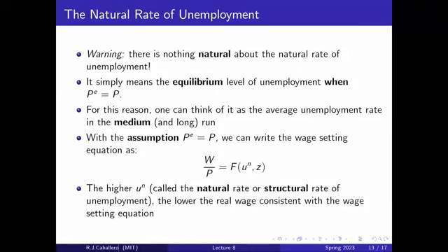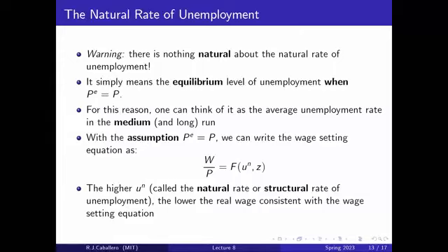Okay, so that took us to the concept of the natural rate of unemployment. And what I said is there's nothing natural about the natural rate of unemployment. It's simply a definition: it's the unemployment that results when the expected price is equal to the actual price. That's all that it is.